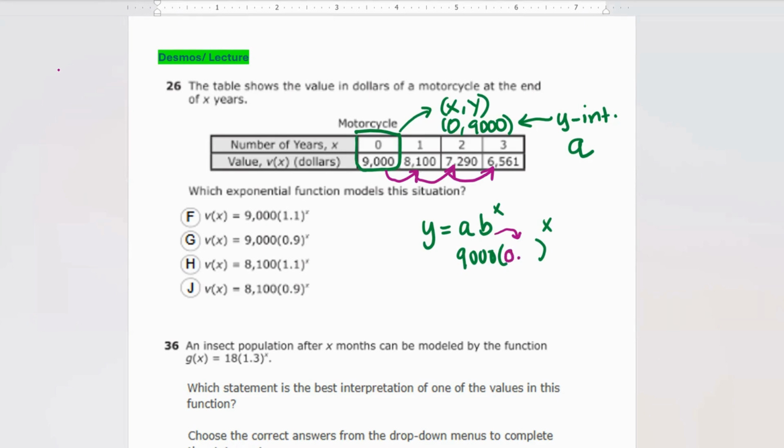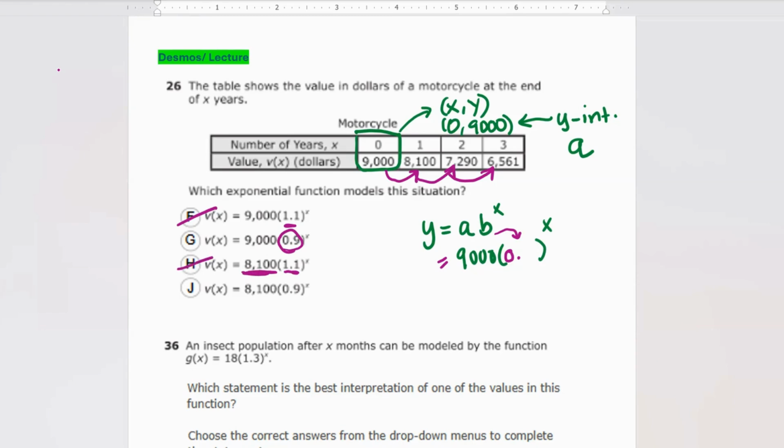Let's investigate the choices here. Letter F is not 0 point something, so that's not the answer. Letter G, yes, looks like it. Letter H is not, and this is also 8,100, which is not our y-intercept.